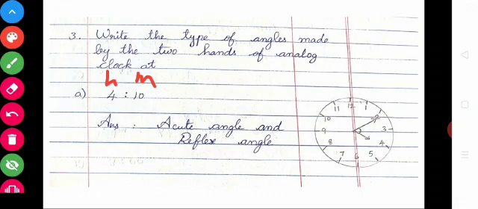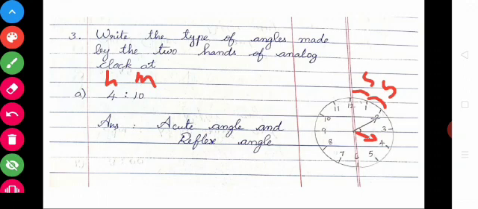So draw 4 hours 10 minutes. The short hand is in between 4 and 5, slightly, and then 10 minutes. 12 to 1 is 5 minutes, and then 1 to 2 is 5 minutes. So 5 plus 5, 10 minutes.